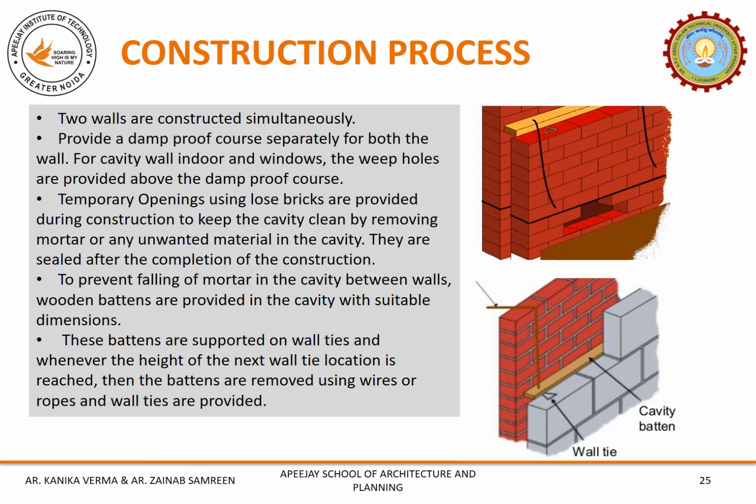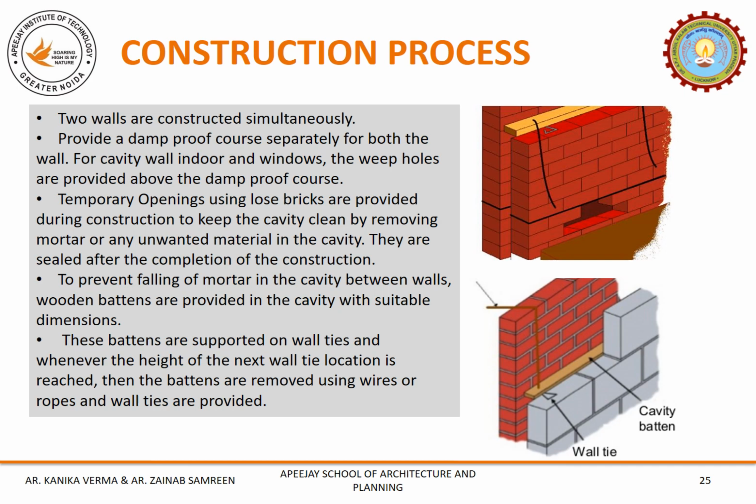The third point talks about the provision of temporary openings by leaving some bricks unfixed, which can further help to clean the cavity wall after completion of work, and at last we can fix those particular bricks with the mortar after the completion. The fourth point talks about the removal of mortar using wooden battens.